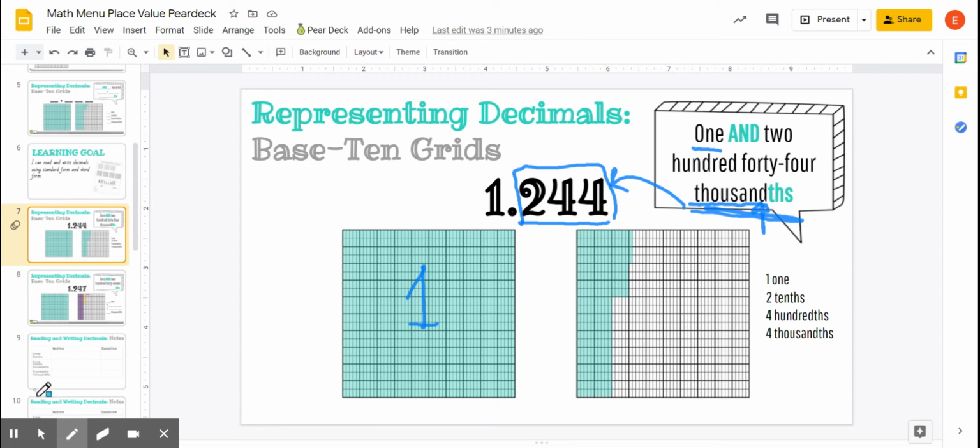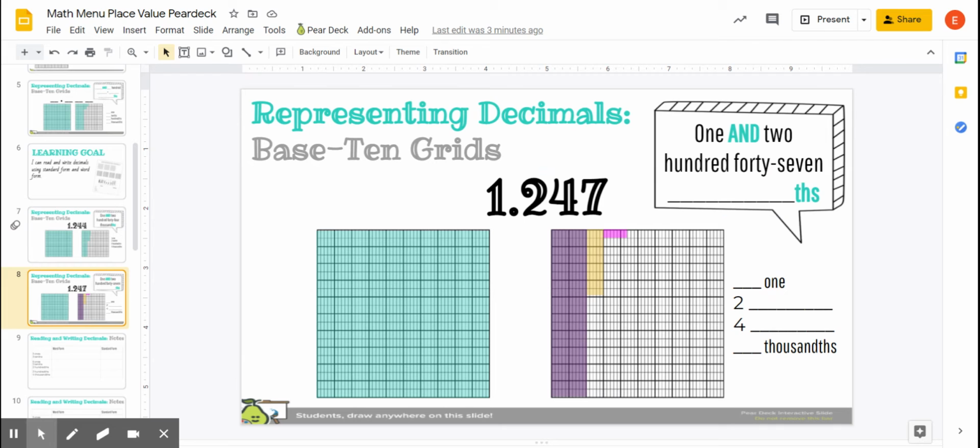All right, so let's take a look at one of the examples from your Peardeck from today. So in this one, it's similar to the previous one, but we have 1 whole. So there's my 1. So that means I have 1, 1. Then I have my 2 tenths.